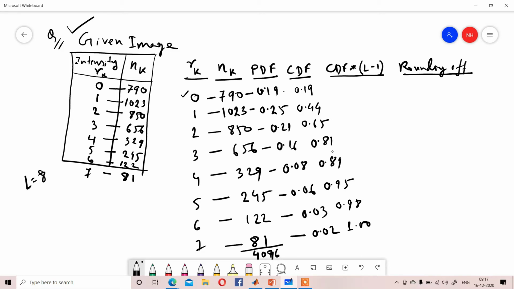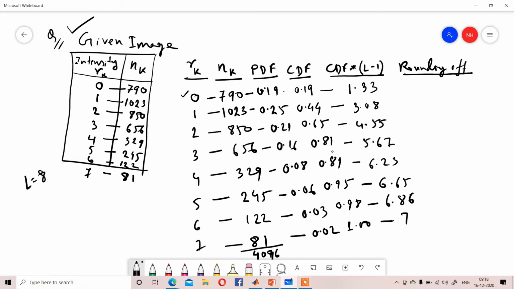So with respect to that CDF, these values will be multiplied by 7. 0.19 multiplied by 7 is 1.33, that value will be 3.08, that value will be 4.55, that value will be 5.67, that value will be 6.23, this one will be 6.65, next will be 6.86, and the final value will be 7.00.